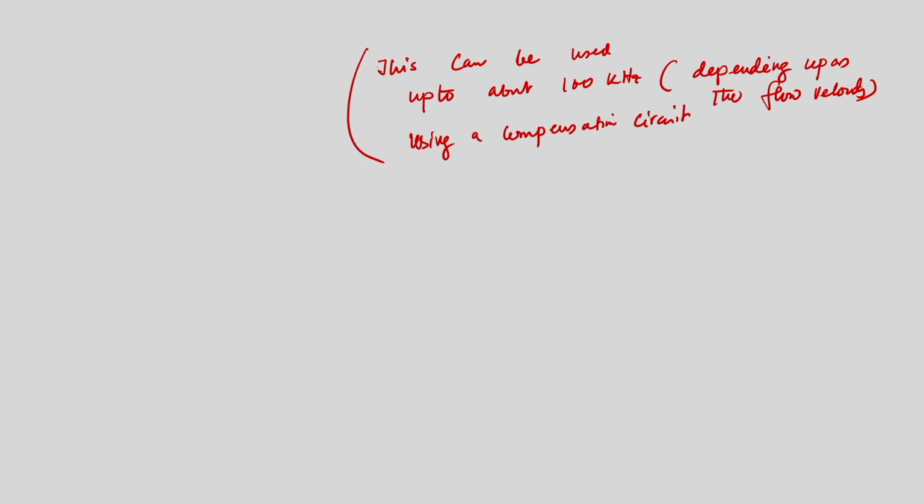So, the response is very fast, that is what I would like to convey over here, that this wire can still be used up to 100 kilohertz depending upon the flow velocity using a compensation circuit.